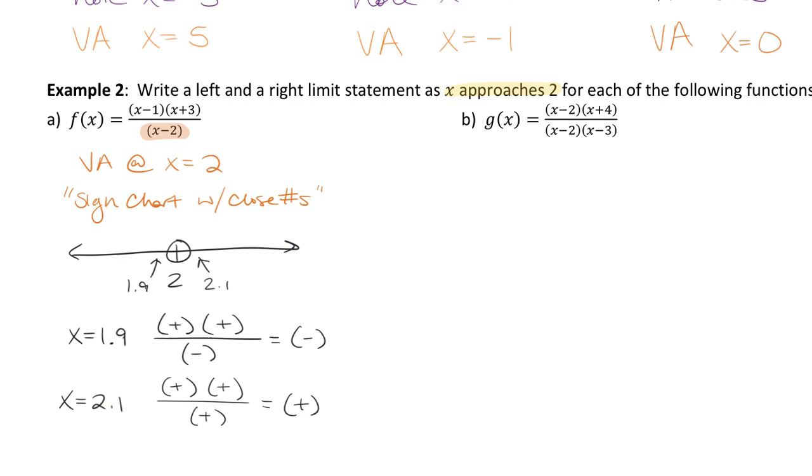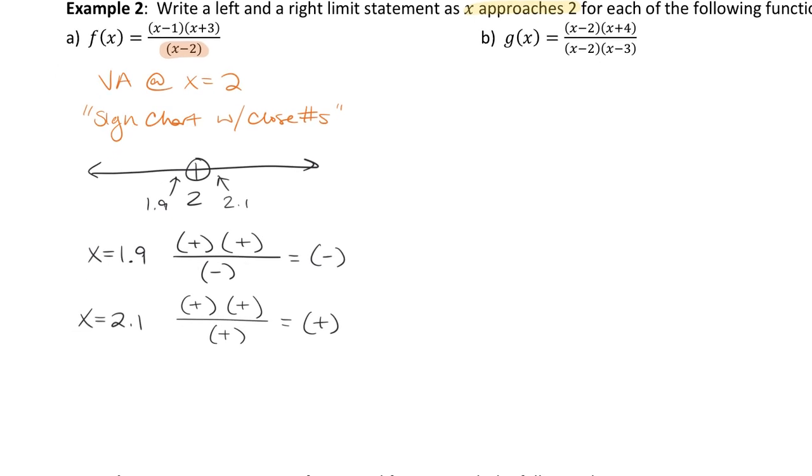Since barely on the left side, the 1.9 side, is negative, that means that the limit as x approaches 2 from the left side for this function f of x is going to be negative infinity.